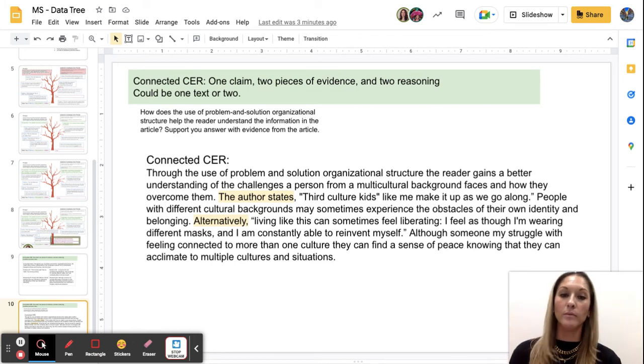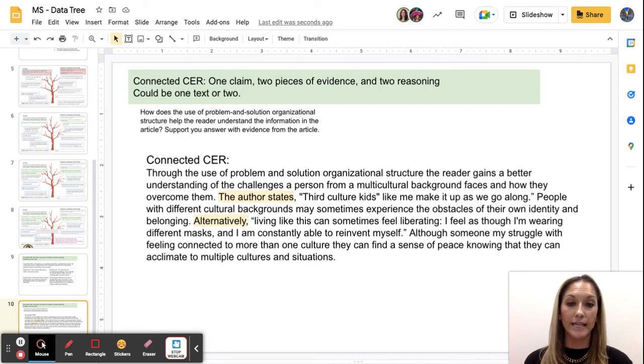Through the use of problem and solution organizational structure, the reader gains a better understanding of the challenges a person from a multicultural background faces and how they overcome them. The author states, "Third culture kids like me make it up as we go along." People with different cultural backgrounds may sometimes experience the obstacles of their own identity and belonging.